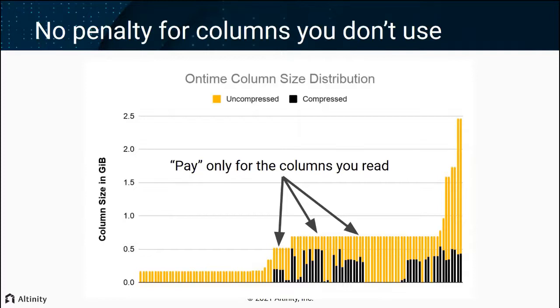In the example I was choosing right here, I had 109 columns in the table. If I only selected three or four, I'm really only reading three or four percent of the data. So that's a significant reduction in the amount of data we actually have to read.